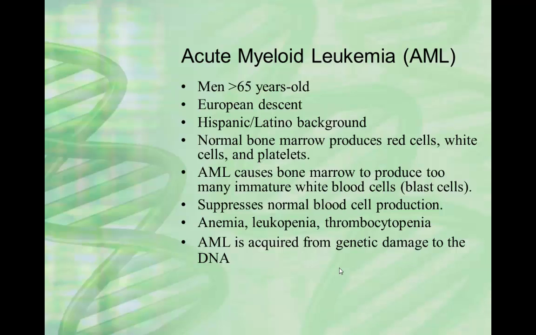The median age of onset is 50 years old, and it may occur as a secondary cancer after chemotherapy or radiation therapy. Remission induction rates range from 50 to 85%, and survival could be around 20 to 40%.